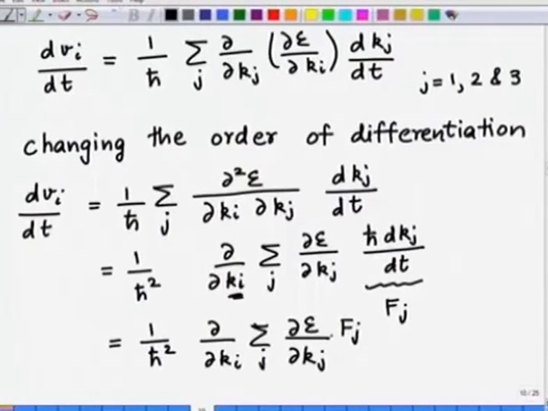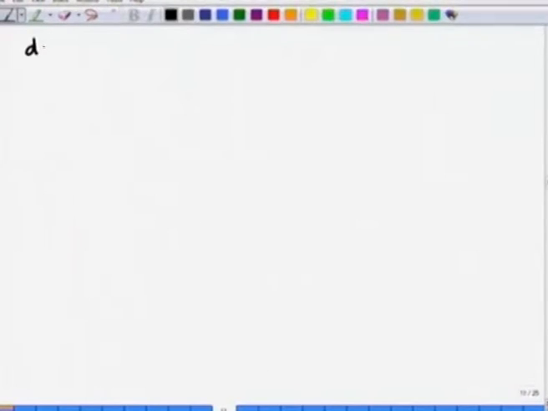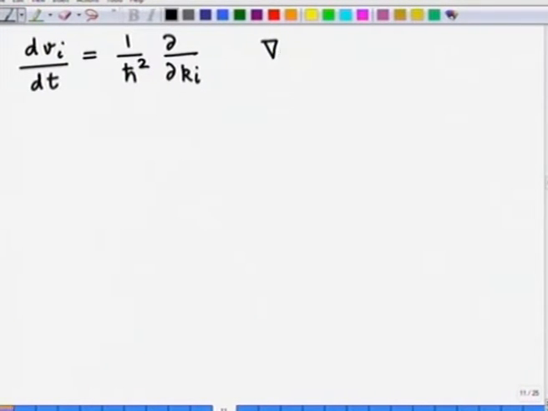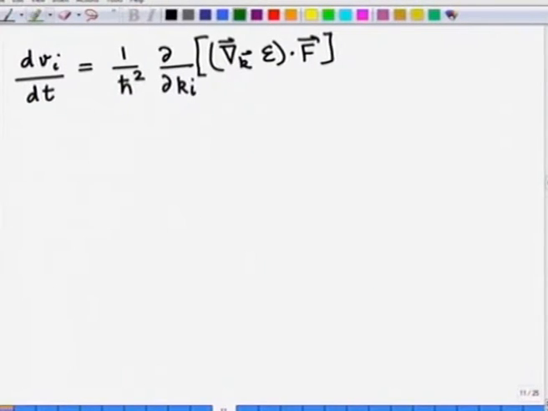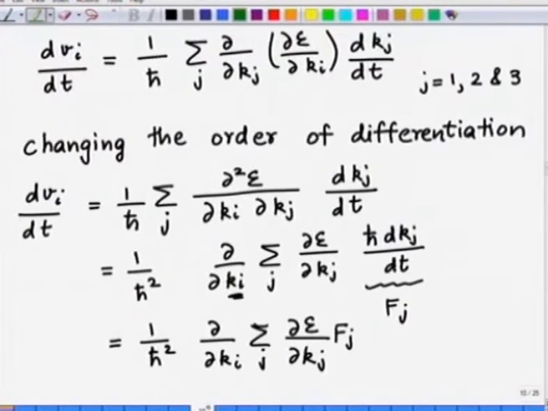Now, I am going to write it, or alternatively I will write this as 1 over h bar square del by del ki of, now, dot f. I am going to write this as dot f, where this is the gradient taken with respect to k, and dot f will give me this summation quantity right here. These are the three components I am going to get.